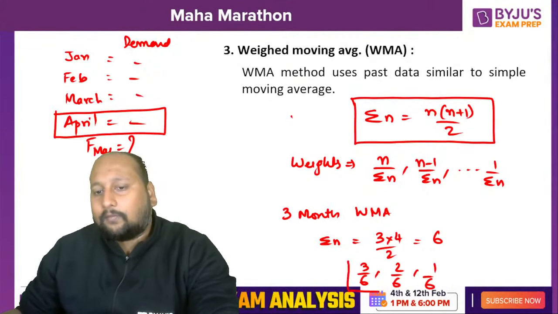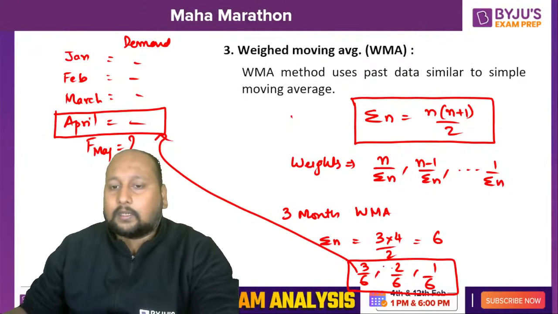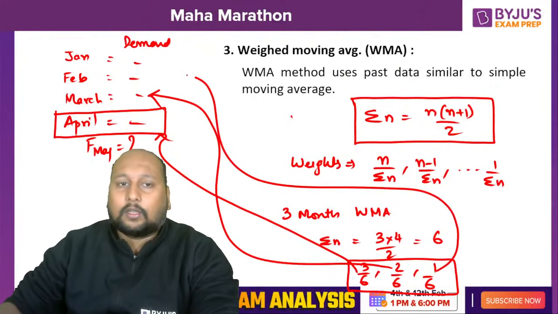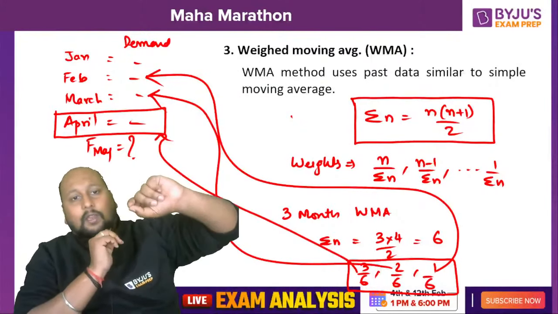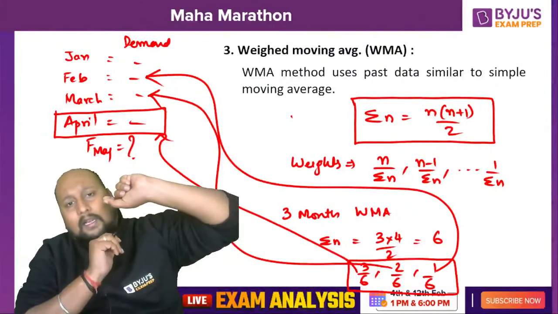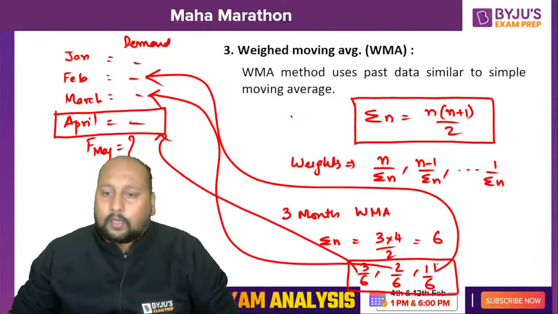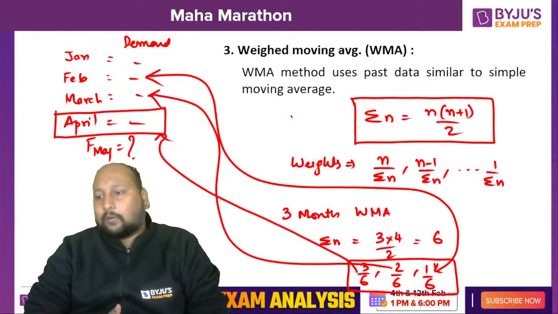This will be 3 different weights. I'll assign the maximum weight to the latest, March, and 1 by 6 for Feb. Is this clear? I'll assign the highest weight to the recent data and the lowest weight to the oldest data, and by this way you can directly calculate the forecasted value.